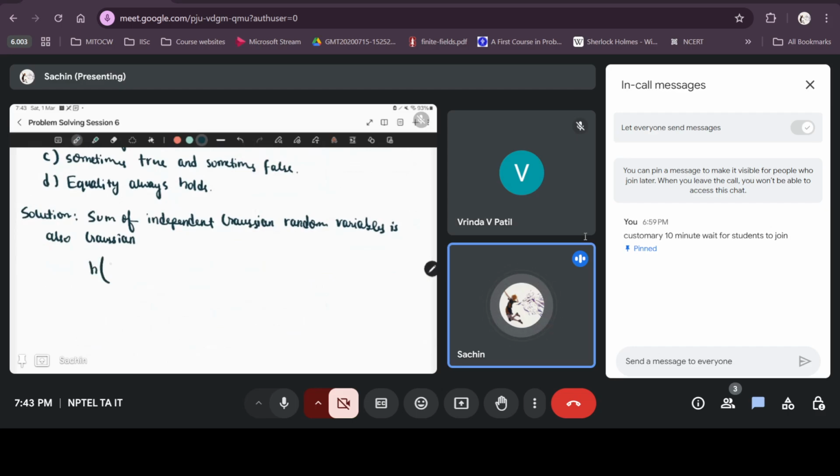So from that we can write the differential entropy of the sum divided by the square root of n is half log of 2 pi e times the variance, and for a sum of Gaussian random variables, the variance is the sum of the variances, and there's a factor 1 over square root n, which will contribute 1 over n to the variance.